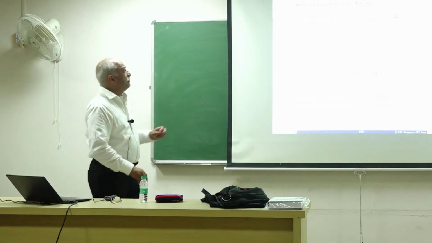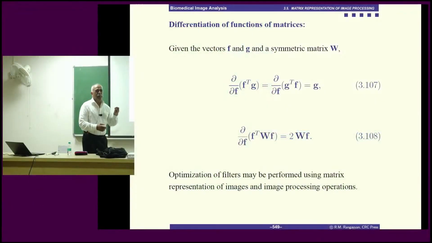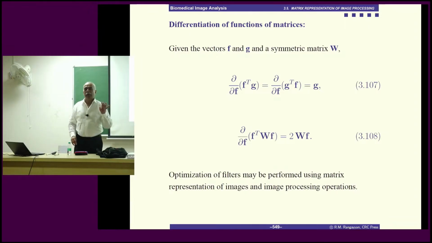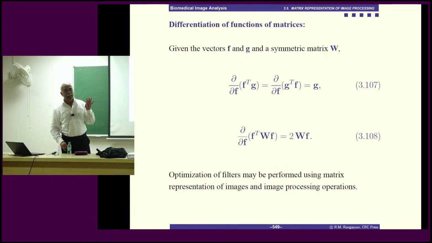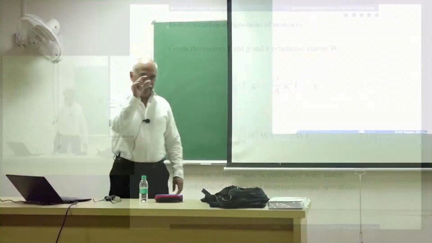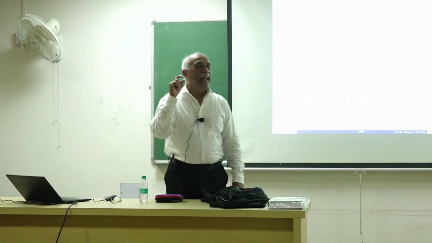So to end this part, why did we go through all of this? By the way, this representation has been discussed in detail by an old book on image processing by Hall, E.L. Hall, that I used as the textbook when I started teaching image processing in 1982. Gonzalez and Woods had a small book at that time. It was Gonzalez and Wintz.